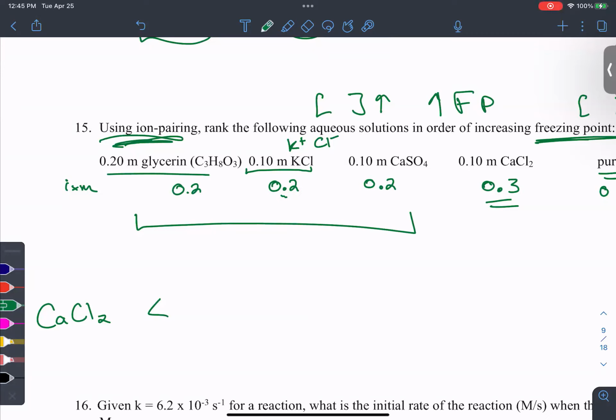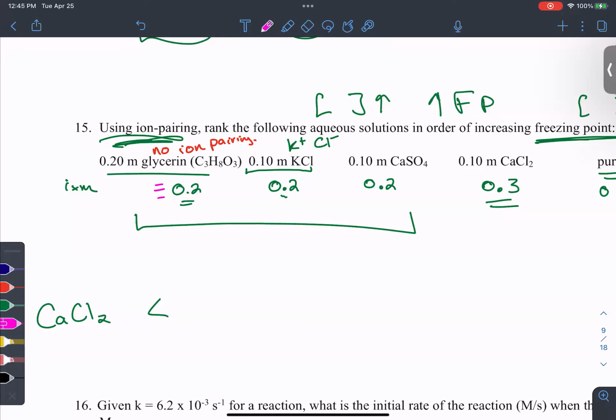So something with a Van 't Hoff factor of 1, like glycerin, its I times M will actually be 0.2. There are no deviations. Glycerin has no ion pairing. Also, let's think about it this way. Does glycerin have any ions? No, so it can't ion pair. So you're not going to have any deviations from the Van 't Hoff factor. Its I times M is going to be exactly 0.2.